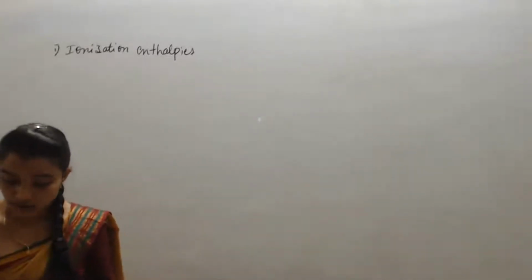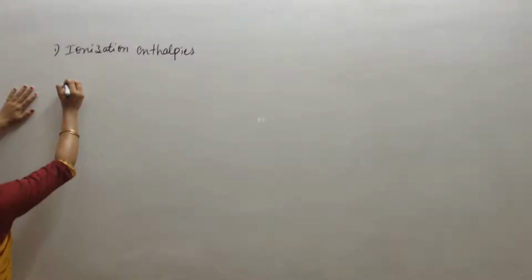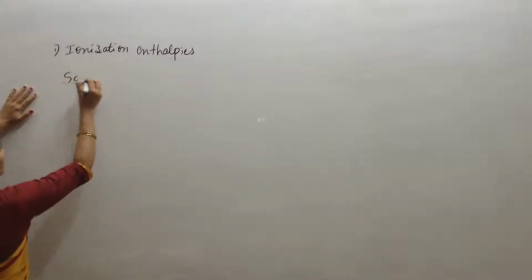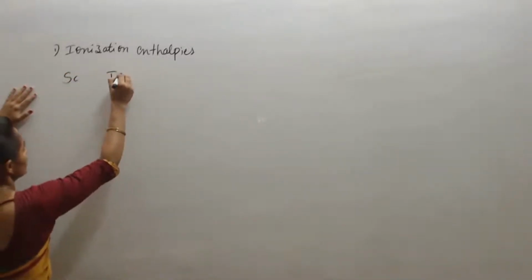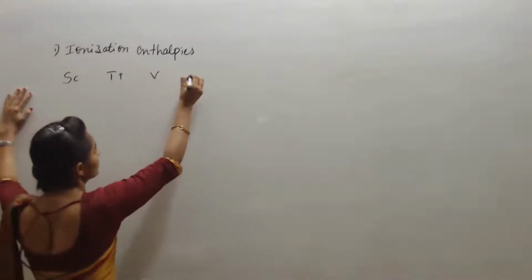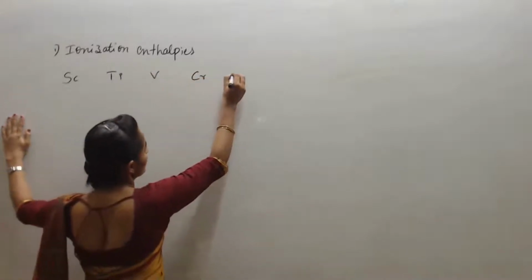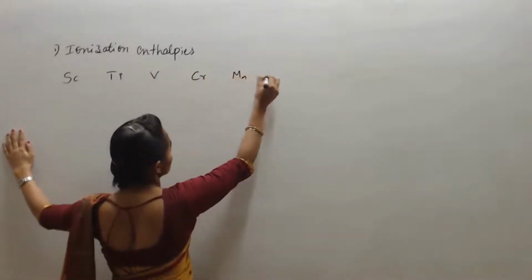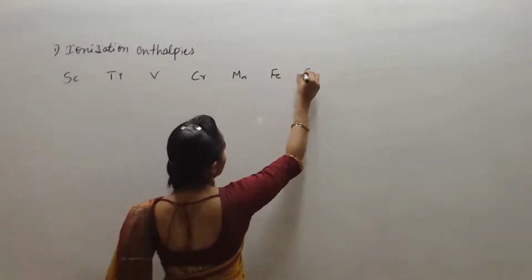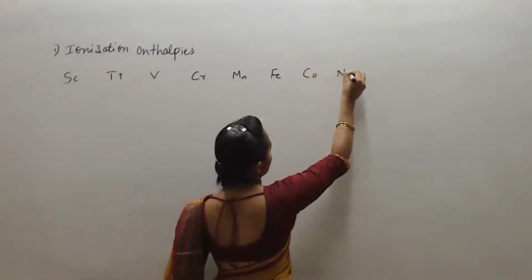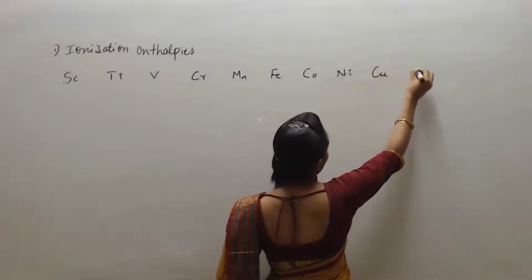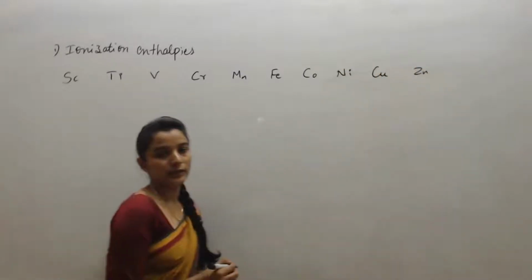So the 3d series starts from scandium, titanium, vanadium, chromium, manganese, iron, cobalt, nickel, copper, zinc.